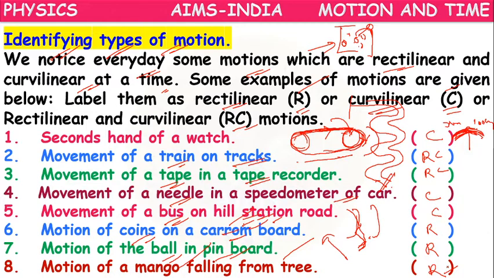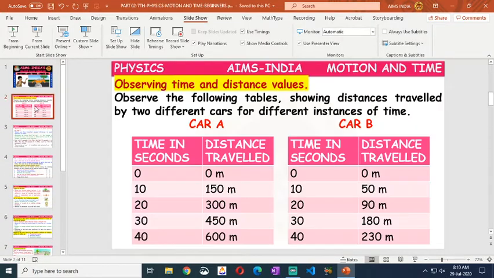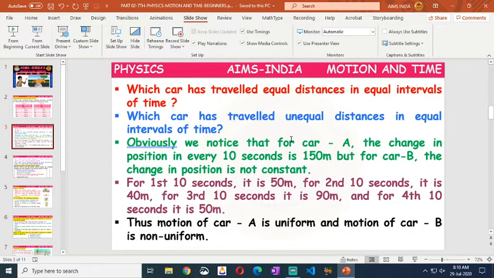Okay, children, so that's all for today. Let's revise what we have learned today. We observed time and distance values exhibited by two different cars in two different tables, car A and car B. By observing the table, we can tell that car A has covered equal distances in equal time intervals, so it is in uniform motion.